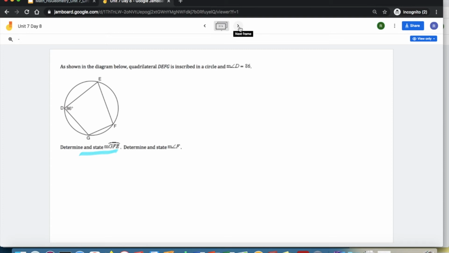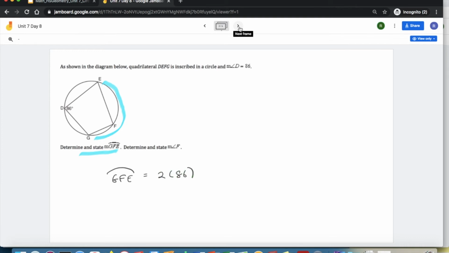So for GFE, I'm going to highlight that arc. If I take a look at that, it looks like angle D is the inscribed angle that intercepts that arc, which means arc GFE is going to equal 2 times that inscribed angle of 86.